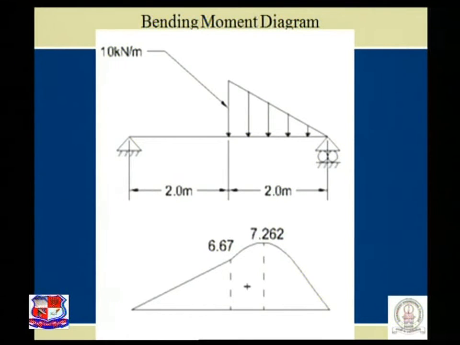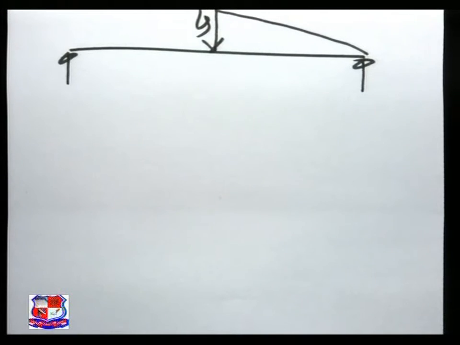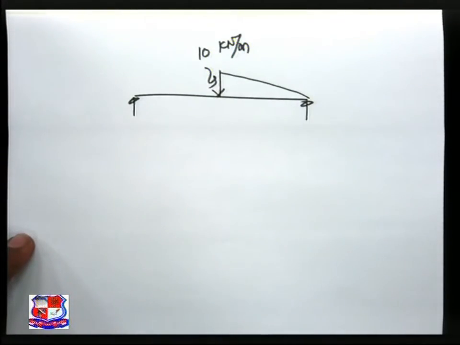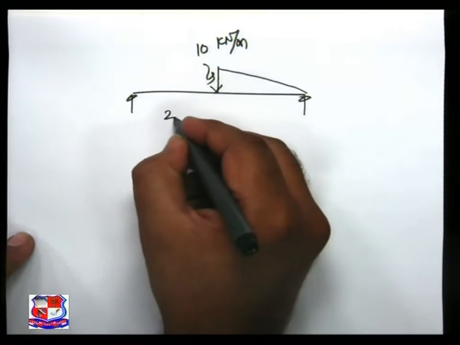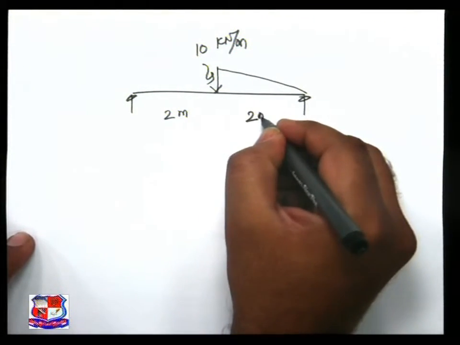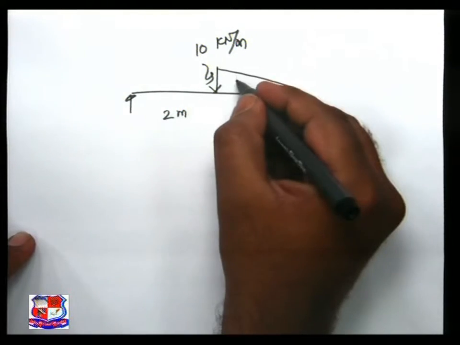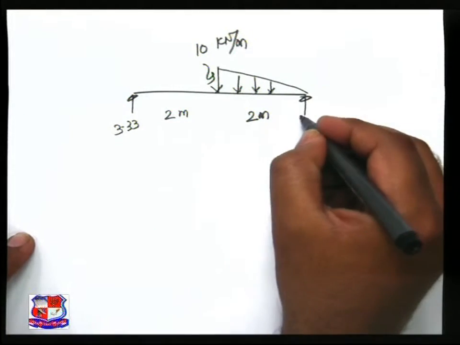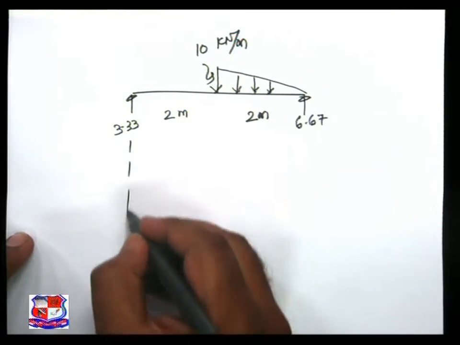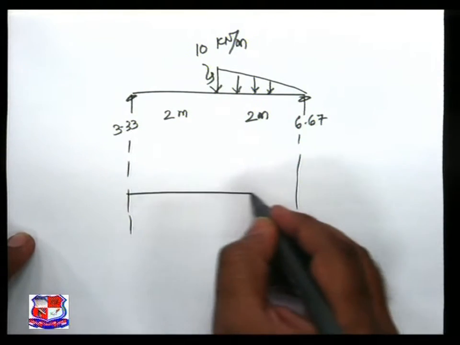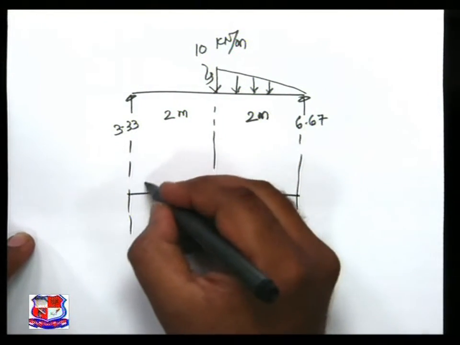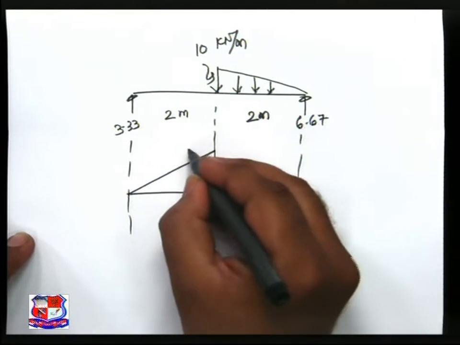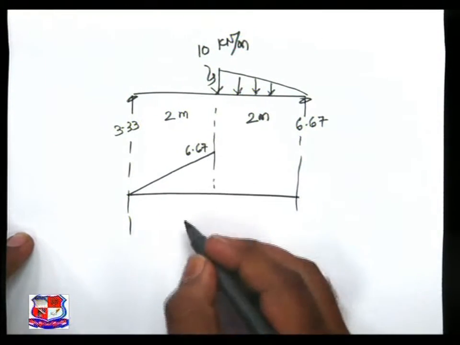This ordinate is 2 meter, 3.33, 6.67. We plotted up till now this 6.67 with the plus sign.